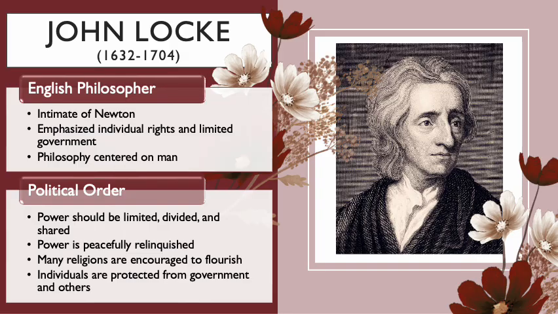Locke viewed that individuals must be protected ethically from the government and from each other. If you recall from the previous slide, the role of government was very minimal. The role of government was to protect people. Basically, under secular natural law, what you viewed as right and the rules you created to govern yourself were ethical up until the point that they negatively impacted somebody else.